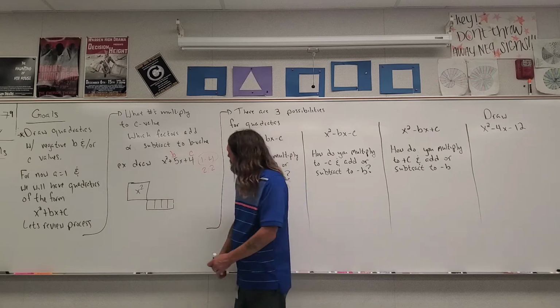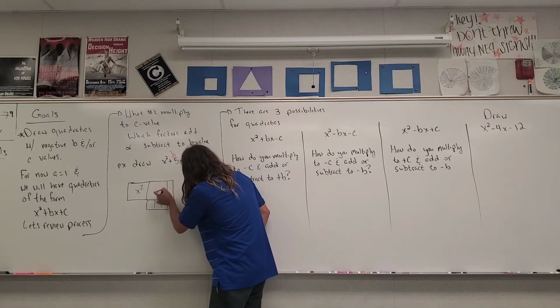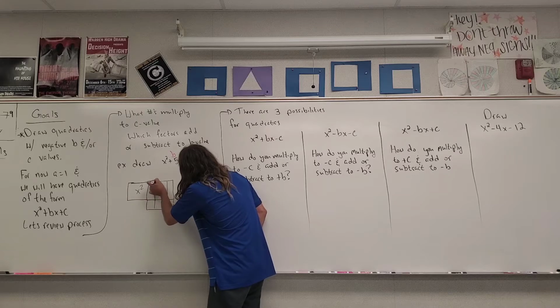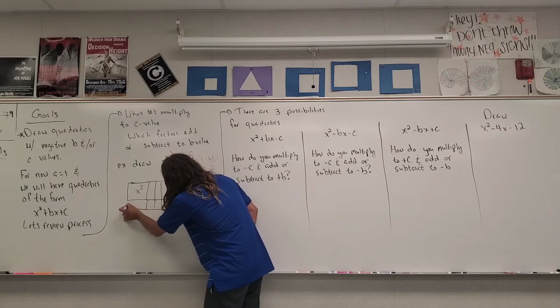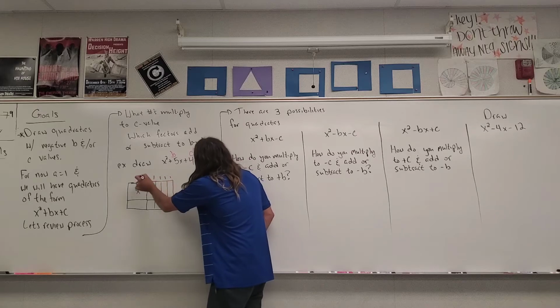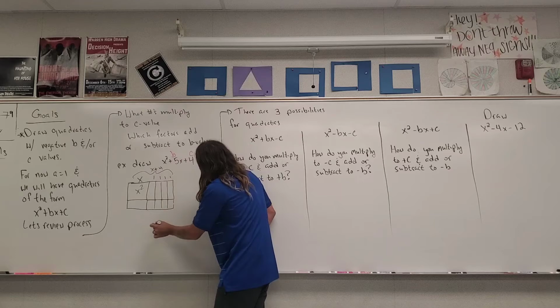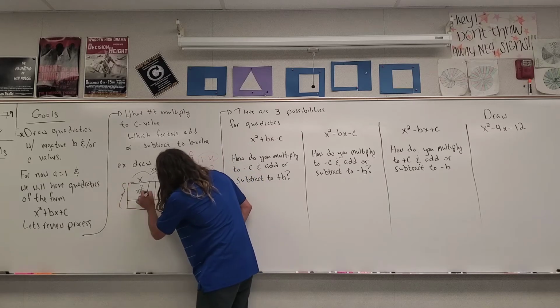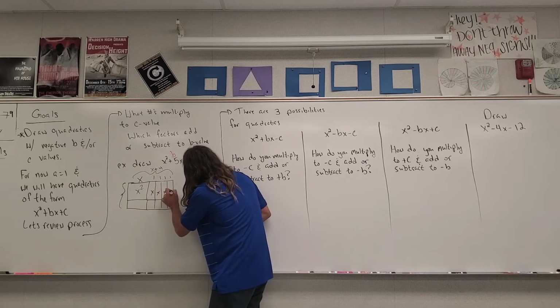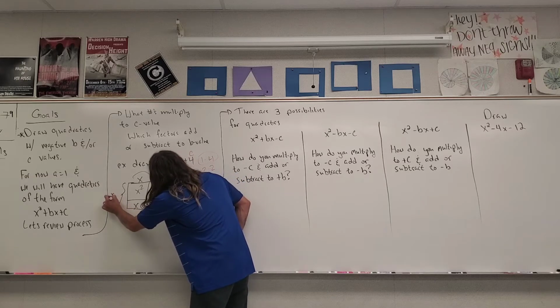Now I can extend the lines, and I will have drawn my quadratic. This has a length of x, and that's 1 and a 1 and a 1 and a 1. This has a length of x plus 4, and this has a length of x plus 1.